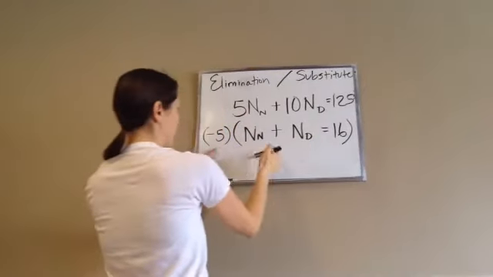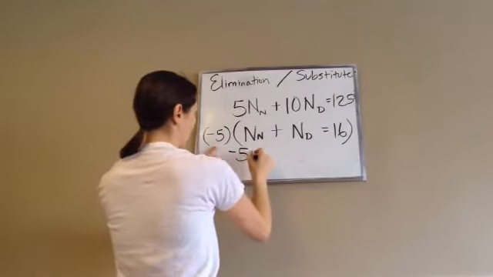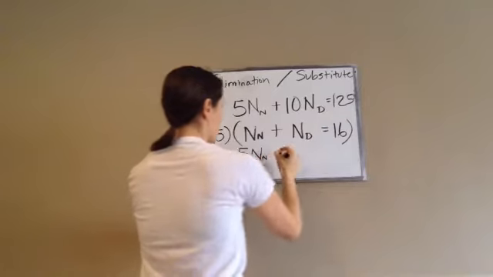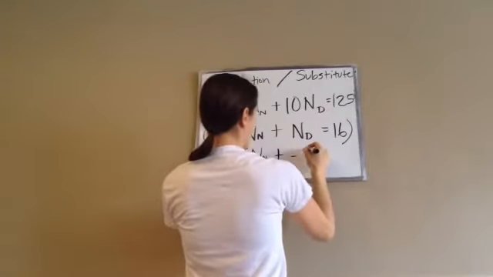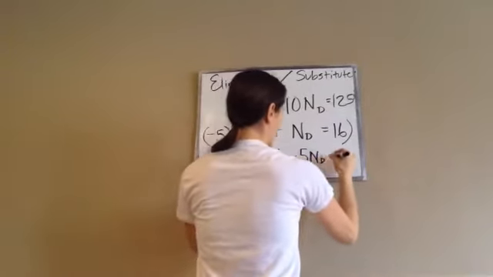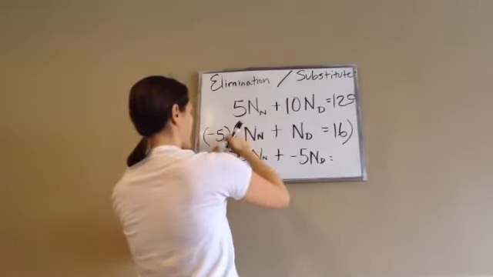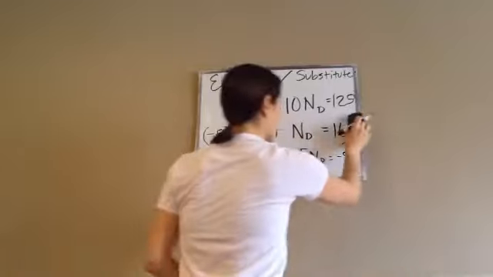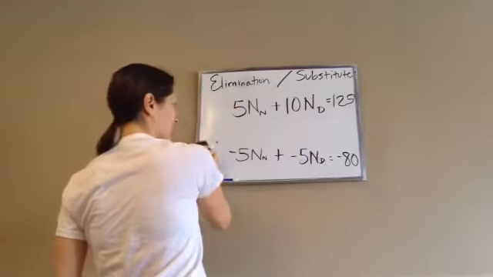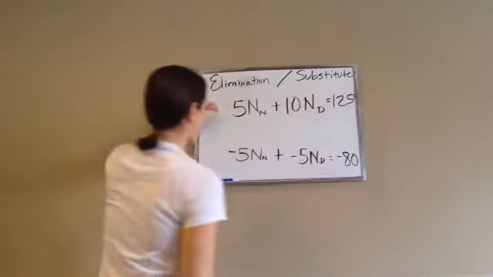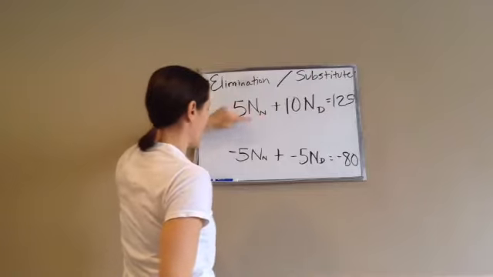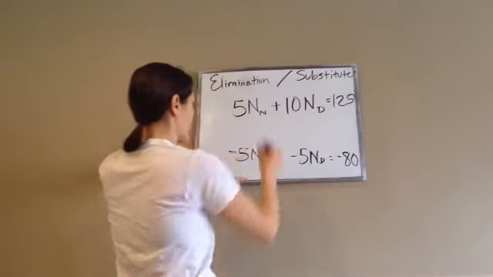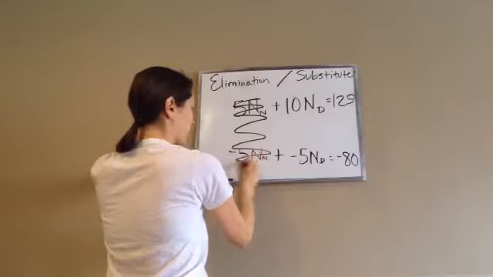When I do that, this becomes -5nN plus -5nD equals, what's 16 times -5? -80. Okay? Then, if you remember the elimination method, look right here, we have a 5nN and a -5nN. And guess what? Those cancel each other out.